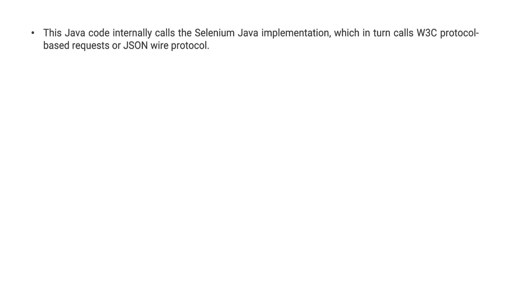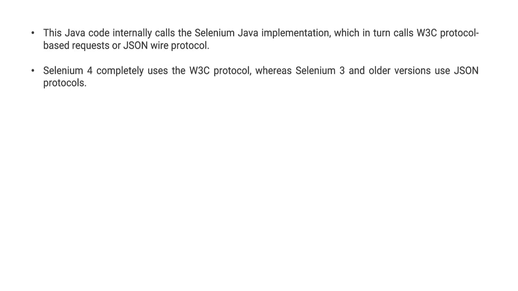This Java code internally calls the Selenium Java implementation, which in turn calls the W3C protocol based requests, or it can be the JSON wire protocol also. In Selenium 3, the JSON wire protocol was used, but later in Selenium 4, it has been replaced with the W3C protocol.